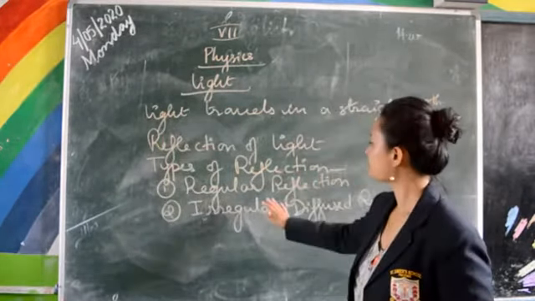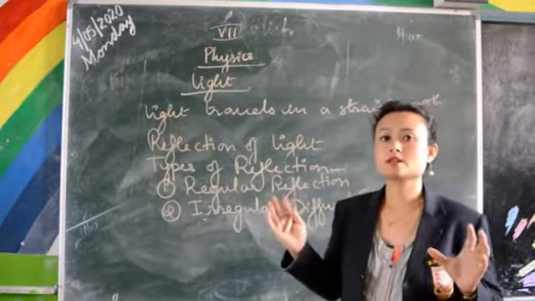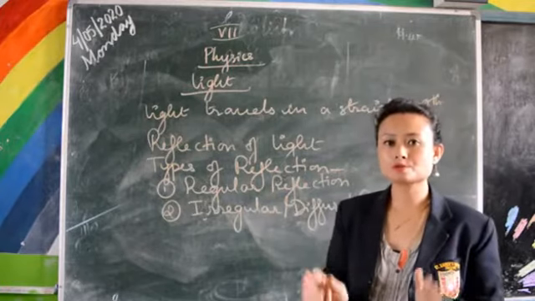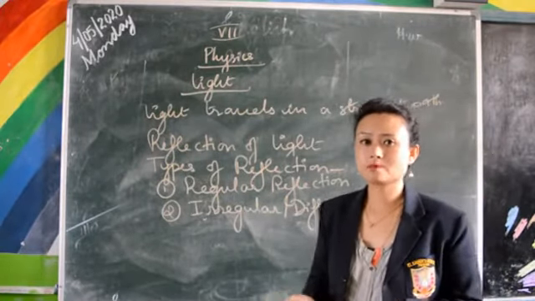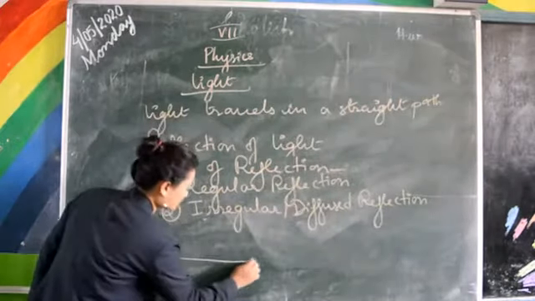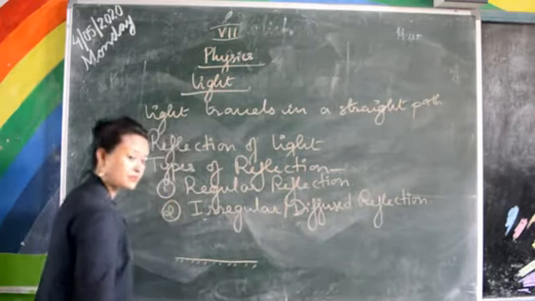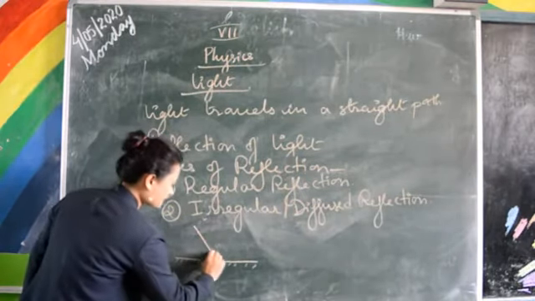From the term itself, regular reflection means when a ray of light falls on a smooth surface, for example a mirror.